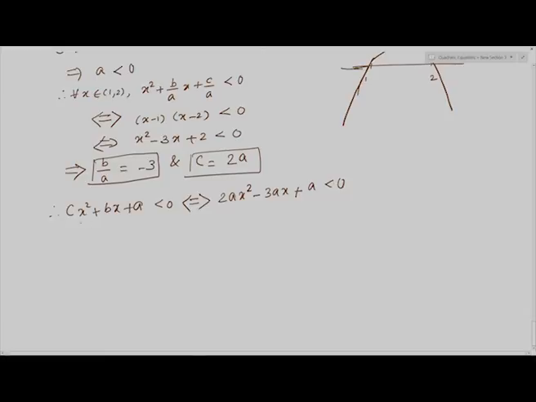The solution set of this inequality is the same as the solution set of the original.